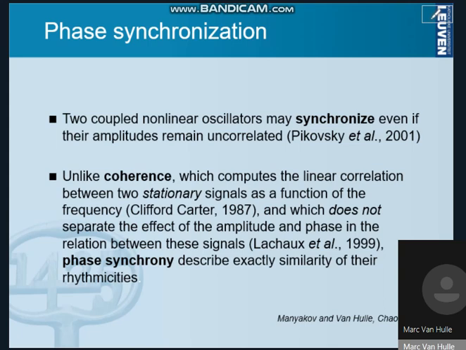It comes from chaos theory, where you have all sorts of weird oscillators with strange properties. And if you would use coherence, which is a very popular metric used to model brain recordings, but this coherence is actually a correlation in the spectral domain. And of course, if you only consider the amplitude there, you get a confusion between amplitude and phase in the relation between the signals you're looking at.